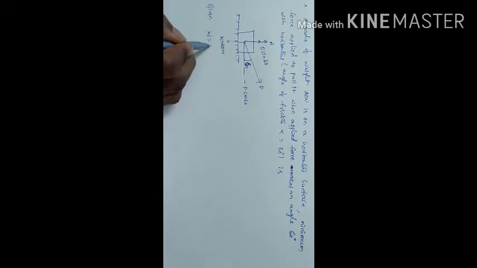So observe here, the given values: weight is equal to 20 newtons, theta is equal to 60 degrees, and phi, the angle of friction, is equal to 30 degrees. Now we need to calculate the minimum pulling force F equal to question mark.